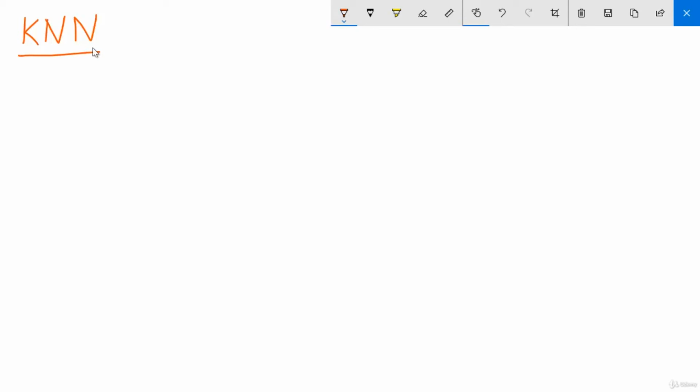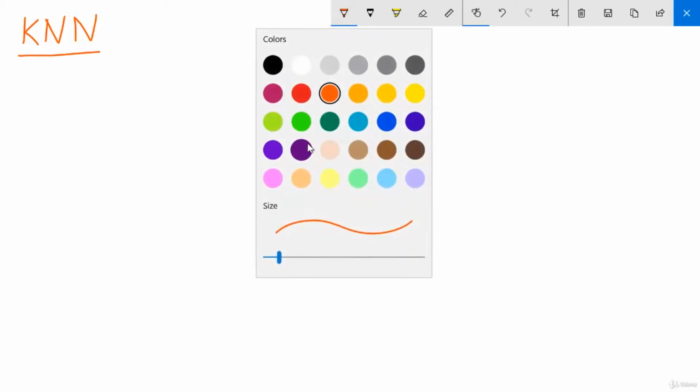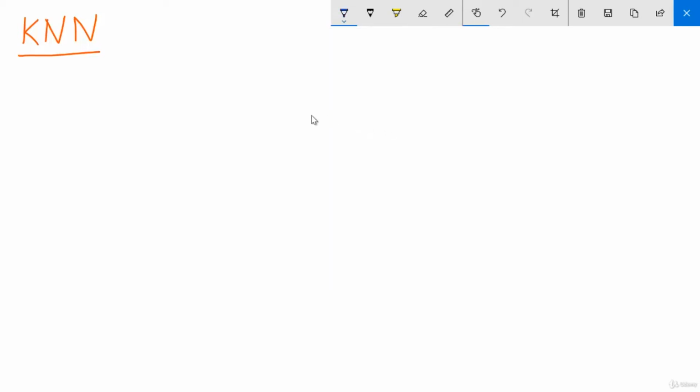Now I will tell you what K stands for in KNN by giving you an example. Let me just change the colors here, as I'm just trying to explain a concept by giving an example.